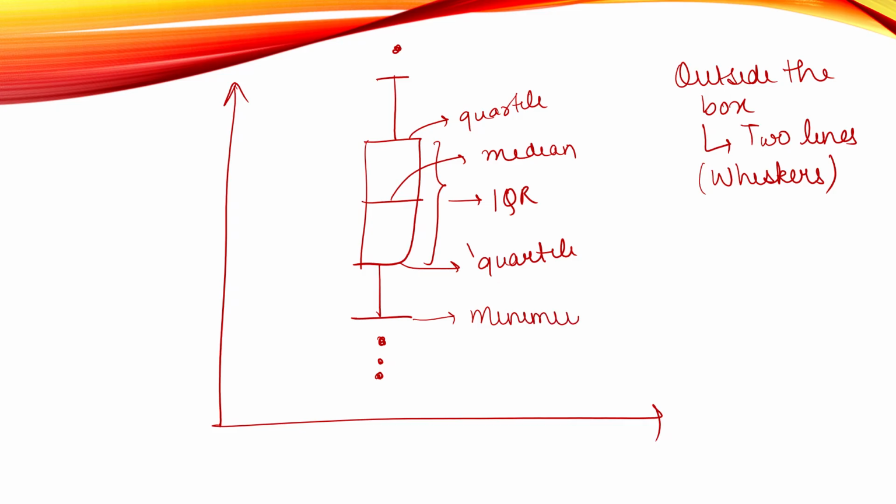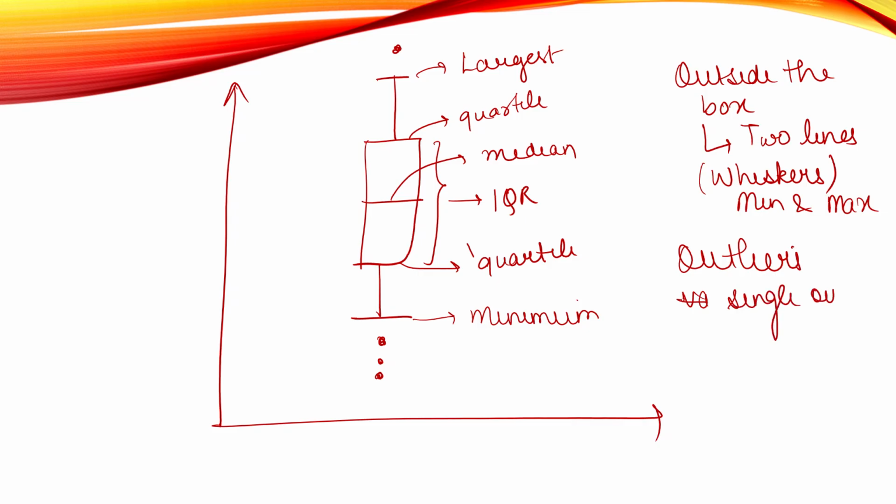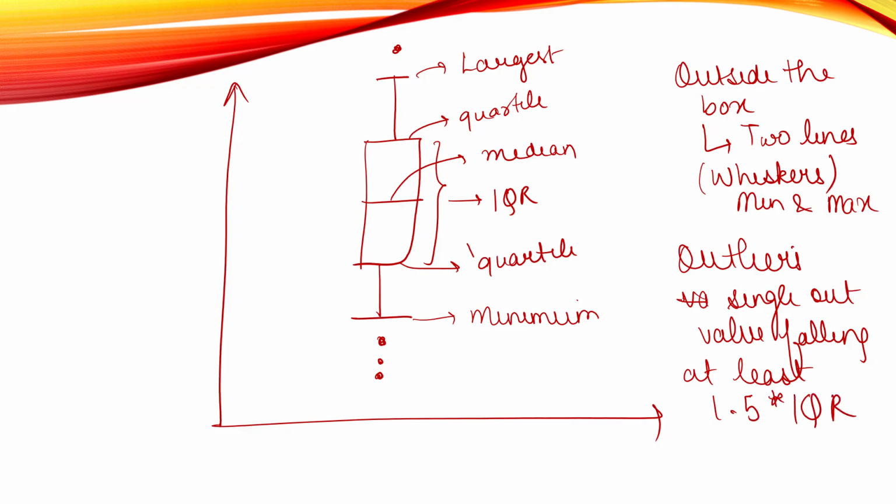Minimum, largest, min and max. A common rule of thumb for identifying suspected outliers is to single out values falling at least 1.5 times the IQR above the third quartile or below the first quartile.